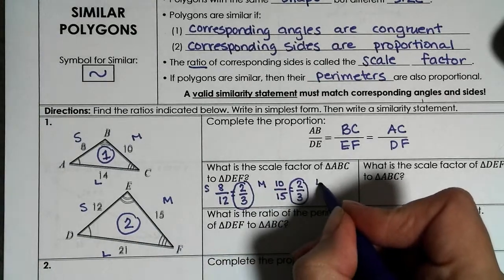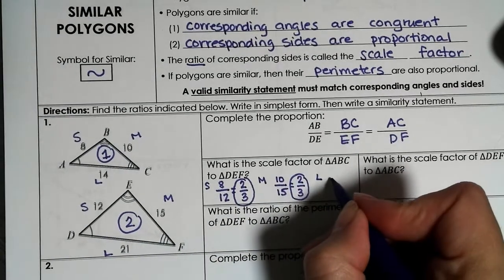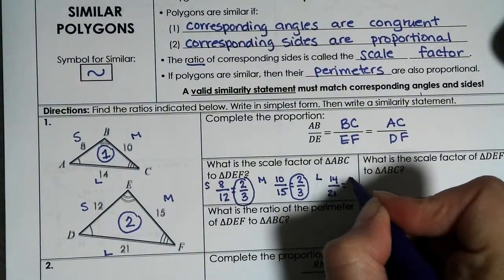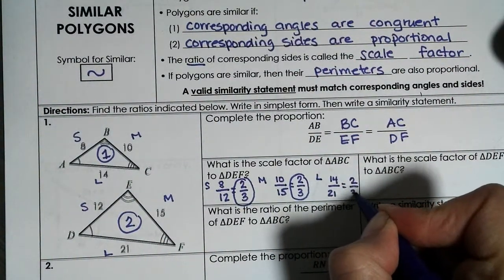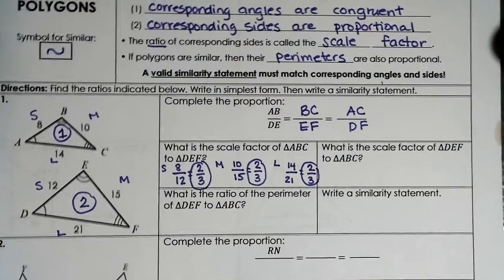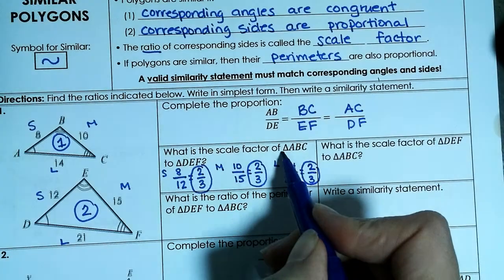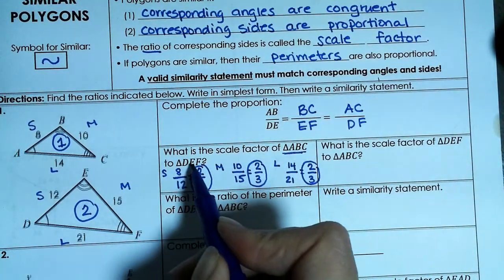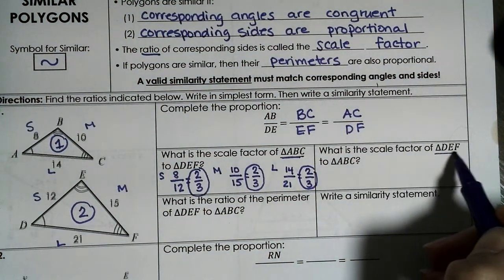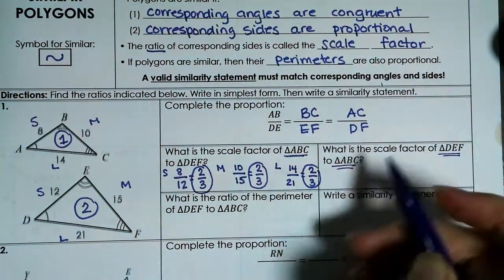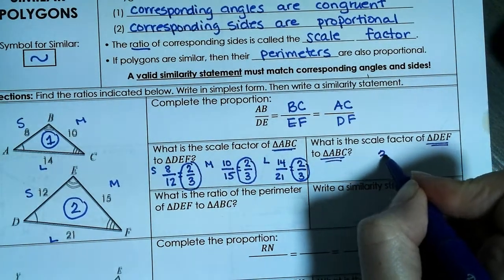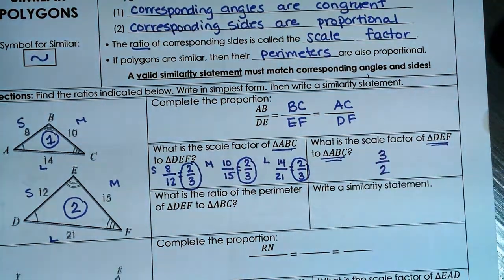For my large side, I'm going to have 14 over 21, and that as well simplifies to 2 over 3. So that was ABC to DEF. So now if I want the scale factor of DEF to ABC, all I have to do is flip this fraction. So instead of 2 over 3, it'll be 3 over 2.